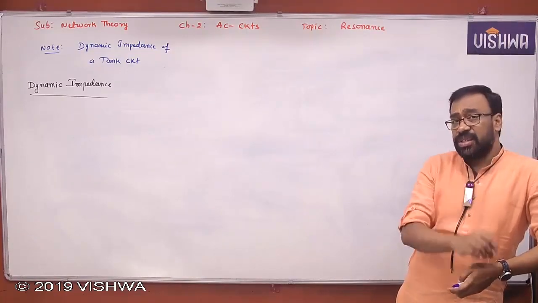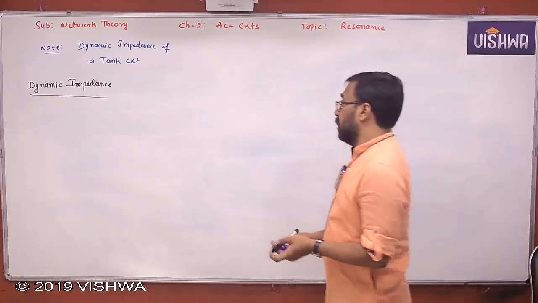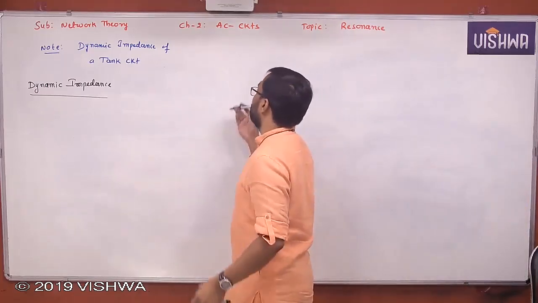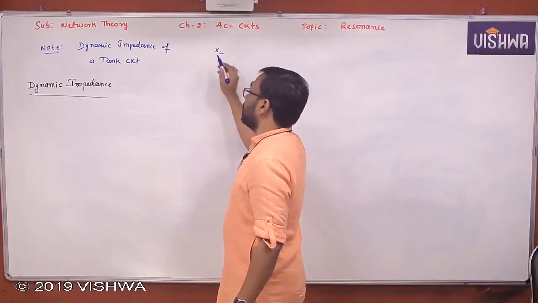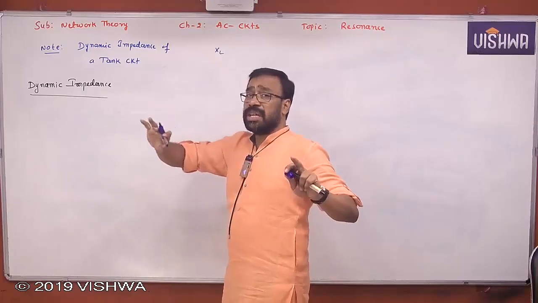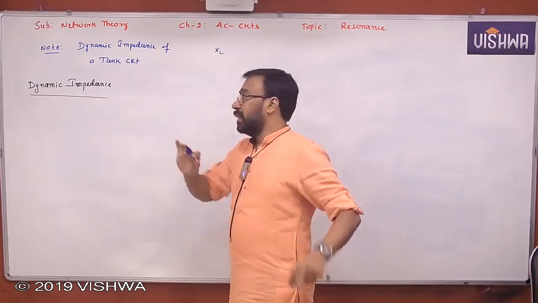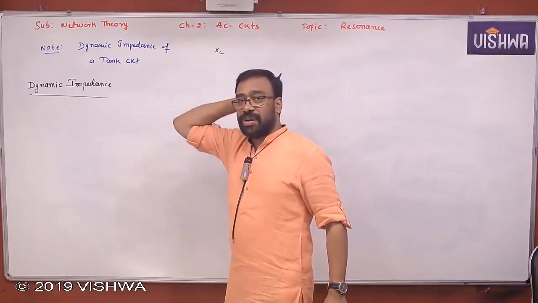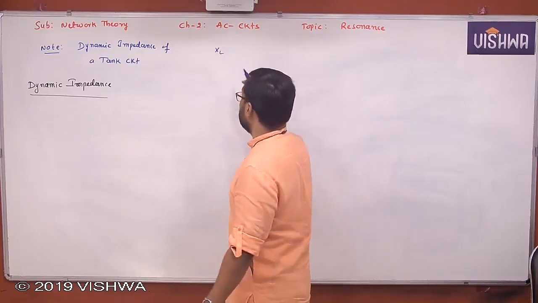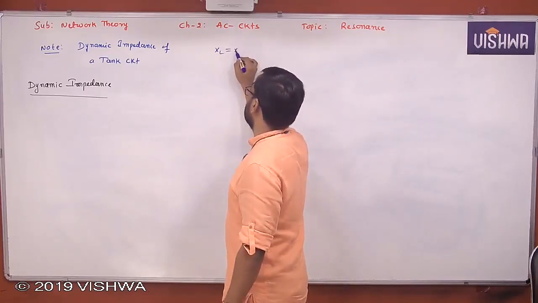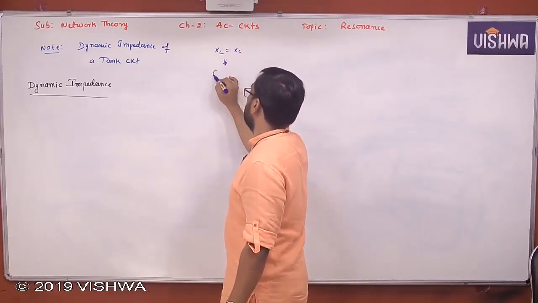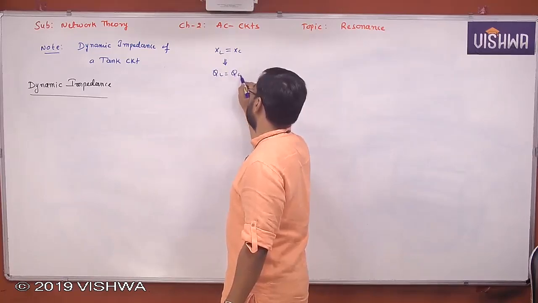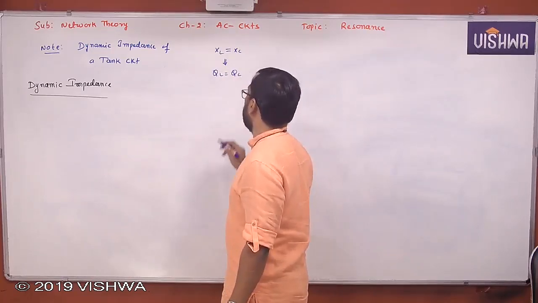When the circuit is resonant, I'm just analyzing it with respect to an RLC series circuit to make you understand. The same thing we apply to a tank circuit also. That's not a big deal. So for a series circuit, XL is equal to XC. QL is equal to QC. Understand all of it? Okay. QL is equal to QC.